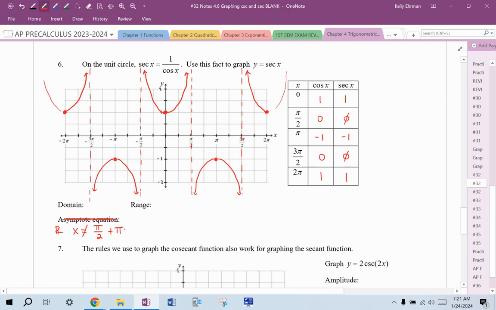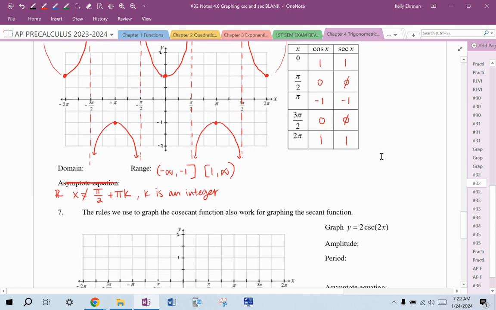So it looks like we're adding multiples of pi times k, as long as k is an integer. So that ought to hop us from one asymptote to the other. So that's our domain. And then the range is the same range as cosecant. The bottom branches range from -infinity up to -1. And the top branches begin at 1, go up to infinity.